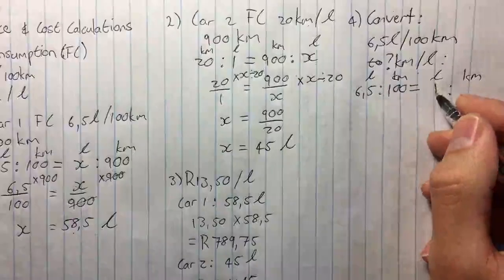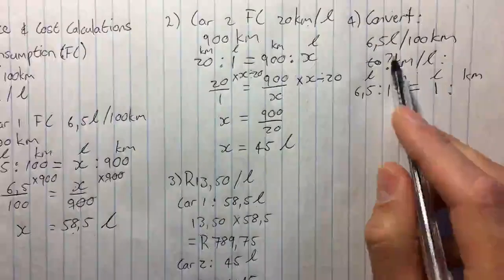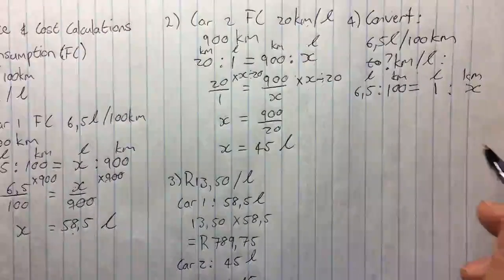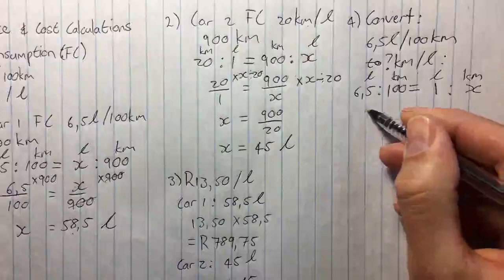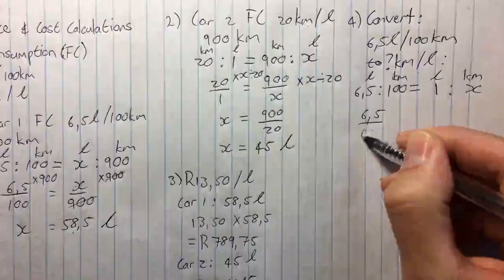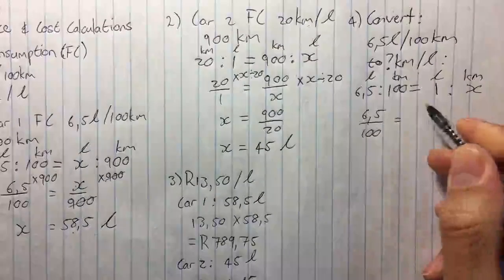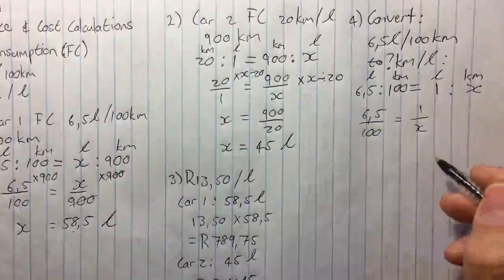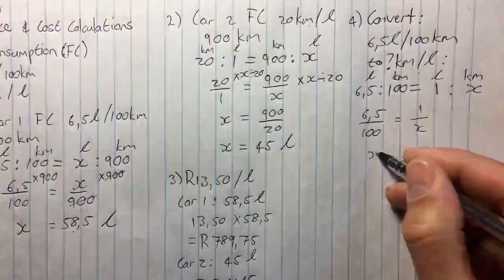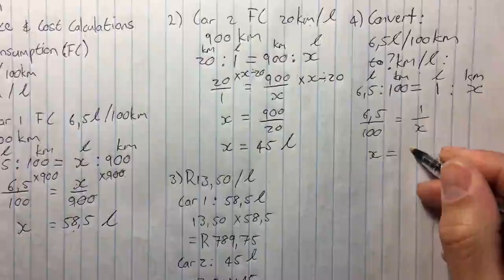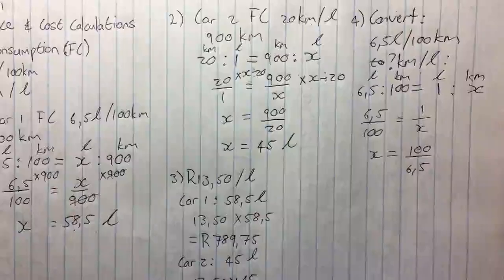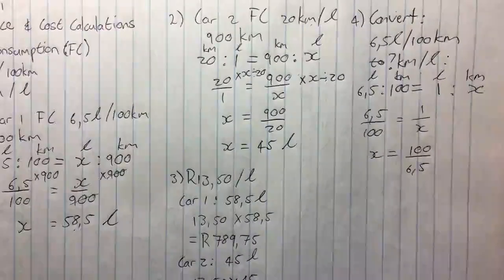Okay, so the liter is 1, and we're looking for a certain amount of kilometers, x. Okay, so now we have a fraction again. 6.5 over 100 is equal to 1 over x. Okay, if we just write it the other way around, with x at the top, basically we have x equal to 100 divided by 6.5. Okay, that's the calculation that you have.